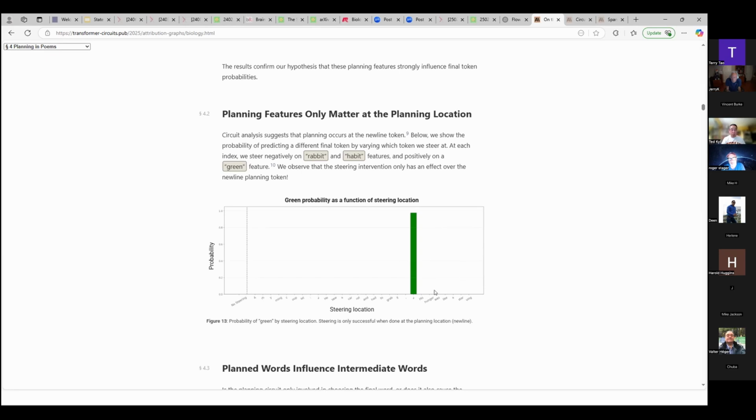Does that make sense? Like what I'm saying about the fact that this is all zero and this is this massive spike?